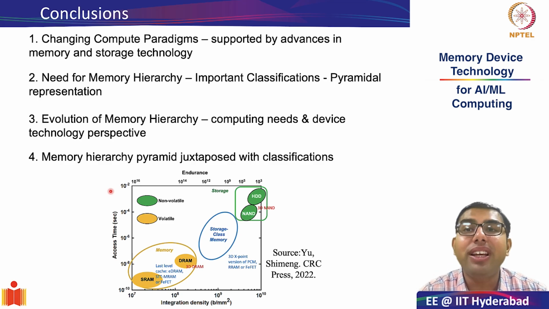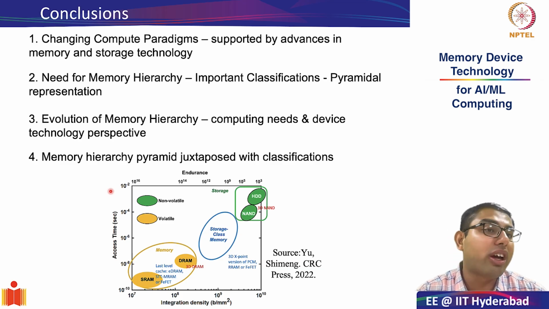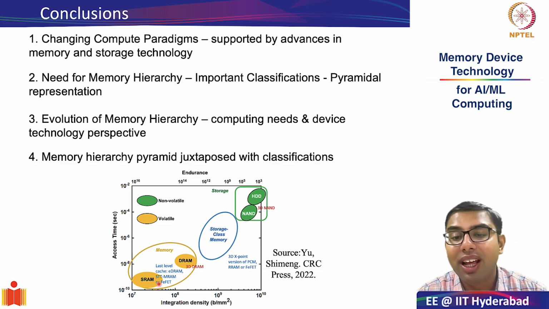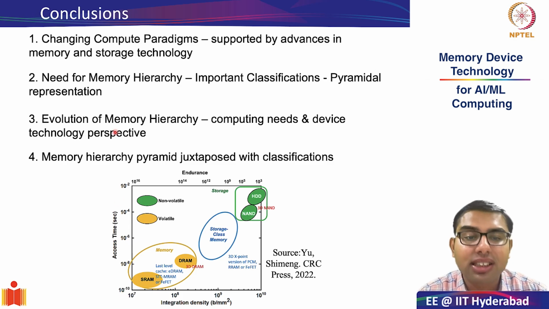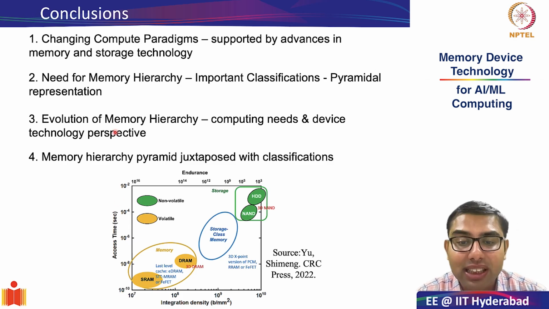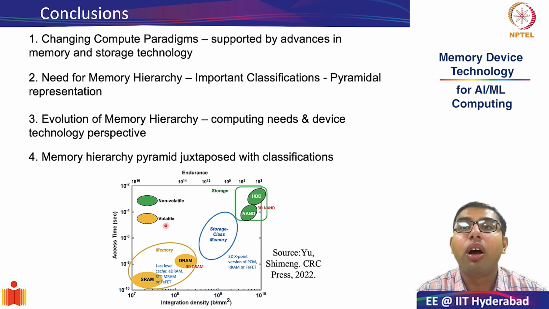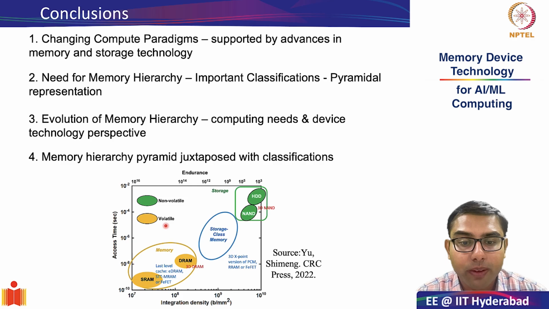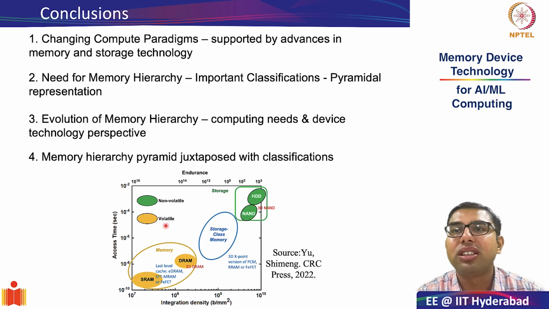And this is the competition that we were continuously talking about between capacity in the x-axis and latency in the y-axis. And as you can see, in the bottom left corner, you have your SRAM and DRAM, which are memories with a volatile nature. They have very low bit densities, but very fast access times. Therefore, they are tightly coupled to the CPU.